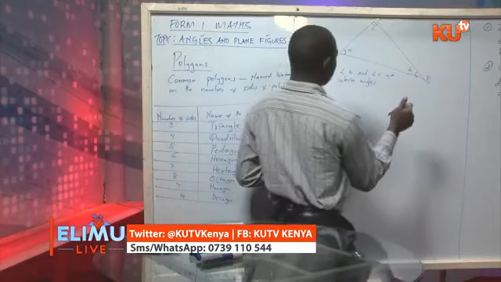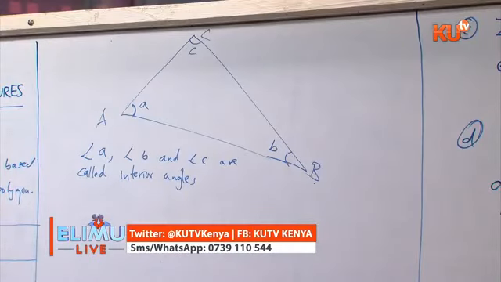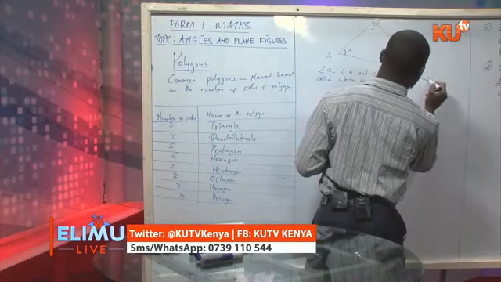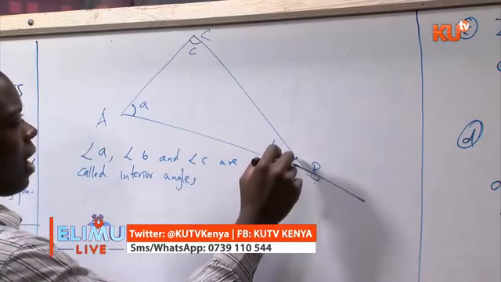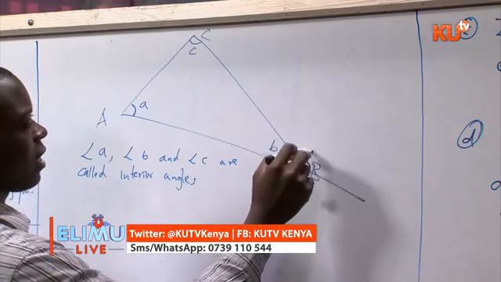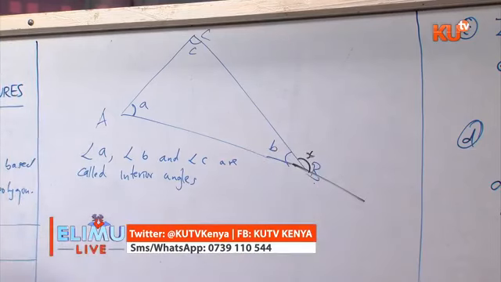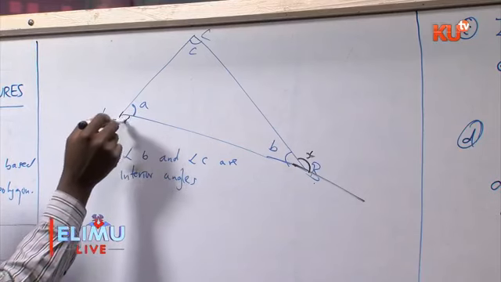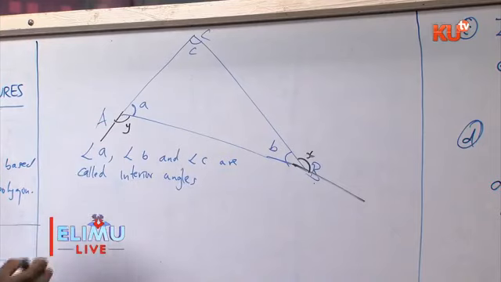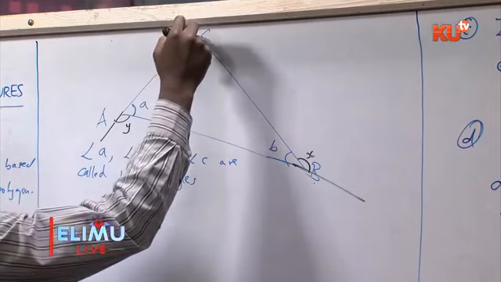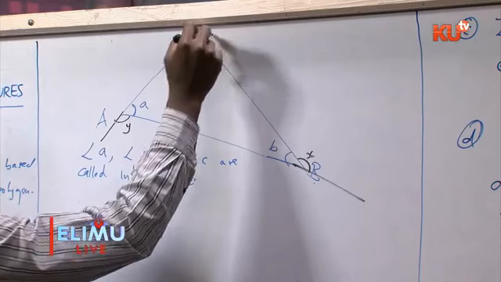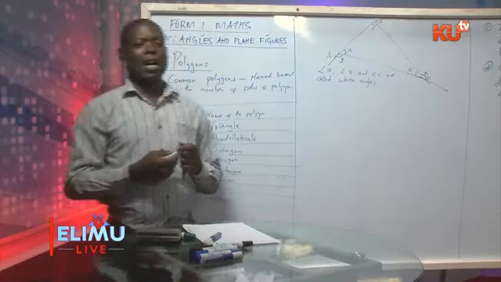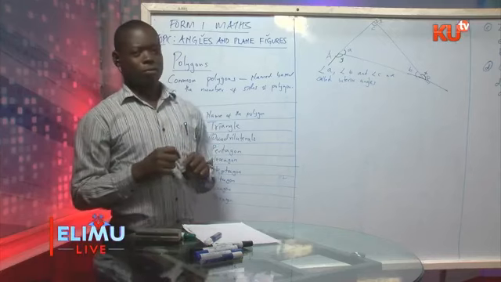If I produce by extension line AB, I produce this side, I obtain an angle X. If I do the same production on this side, I'll obtain the angle Y. And I can as well do the same on this side and obtain the angle Z. Then you find X, Y, and Z are not within the polygon.